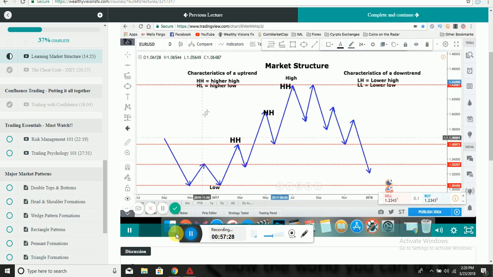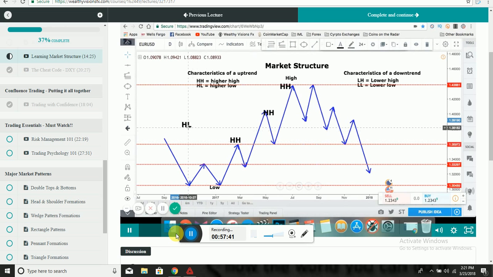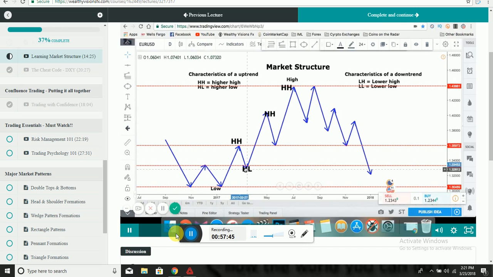And now for the lows, we got to mark off the higher lows also, because it's obviously a characteristic of the uptrend. So we got the low, a higher low here, and we got another higher low right here.